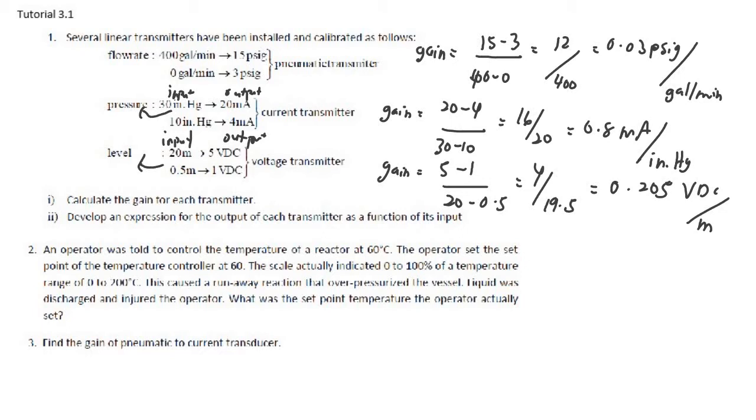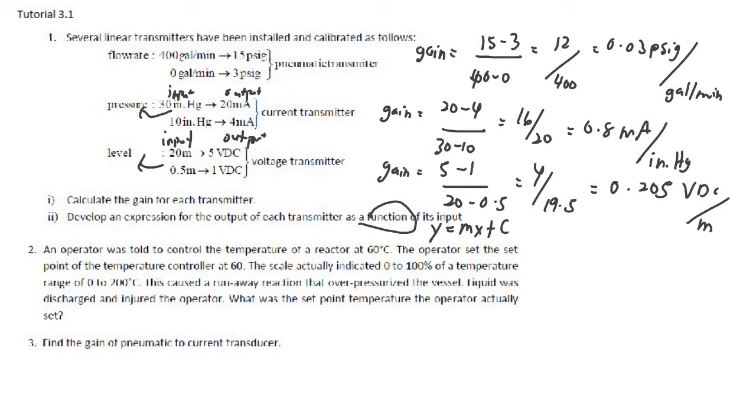So the second question, you need to develop an expression for the output of each transmitter as a function of its input. Basically, if we want to write the functions, normally we will use the equation y equal to mx plus c.